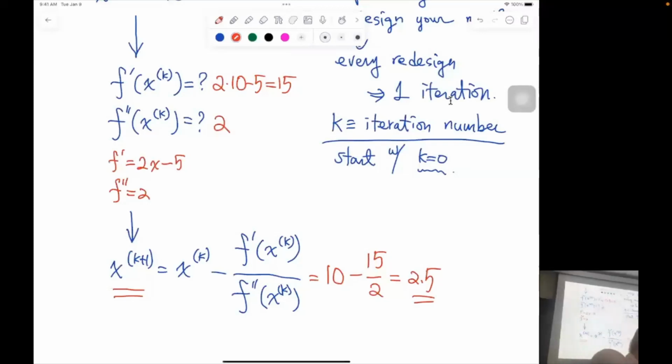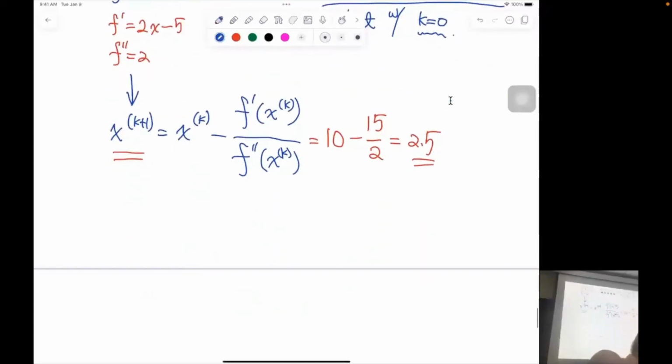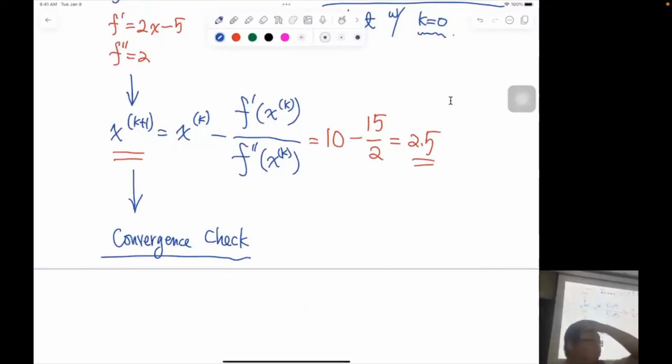Next, there's a very important procedure, something called the convergence check. You need to check if the procedure converged. How do you check? You calculate the new design minus the previous design, take the absolute value, basically the difference between the current design and the previous design.